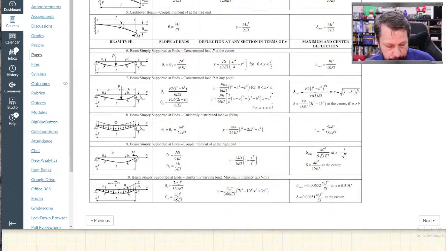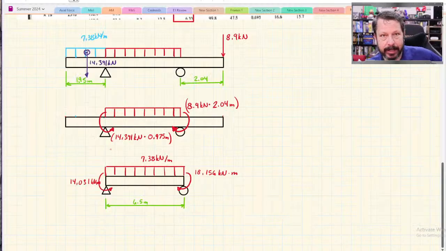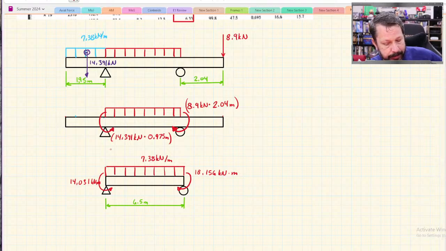So we have converted it in a way that works for what we're trying to find: the deflection of the beam at the center of the span between the pin and the roller. If I were trying to find something on the left or right end of the beam, this wouldn't be all that I need.